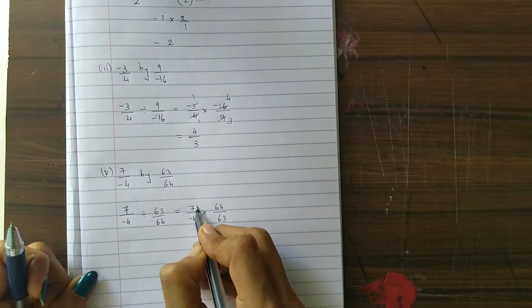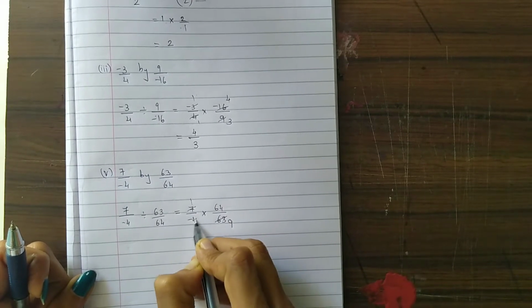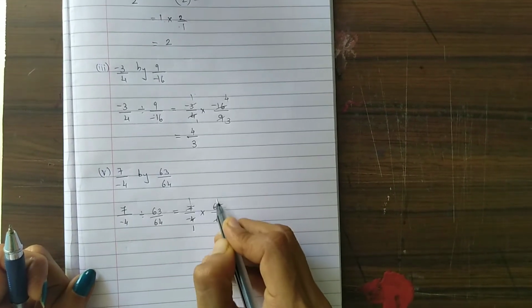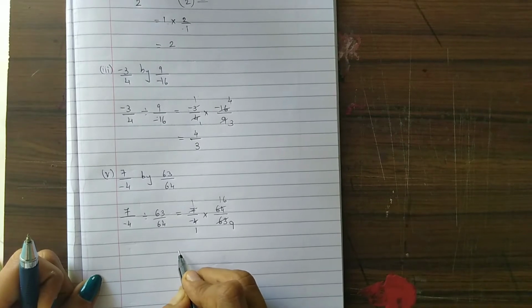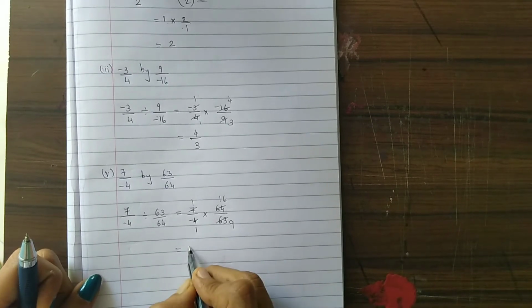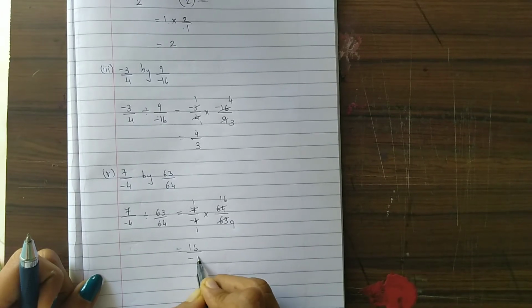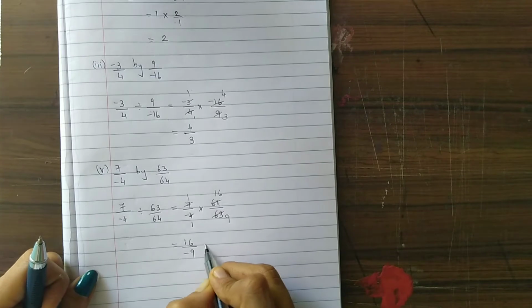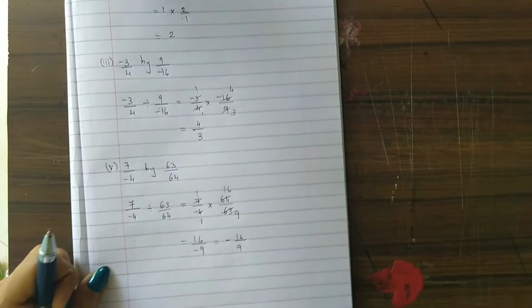Now we can cancel: 7 ones are 7, 7 nines are 63, 4 ones are 4, 4 sixteens are 64. Now we can't cancel further, so 1 into 16 is 16 and minus 1 into 9 is minus 9. You can also write it this way, minus 16 upon 9.